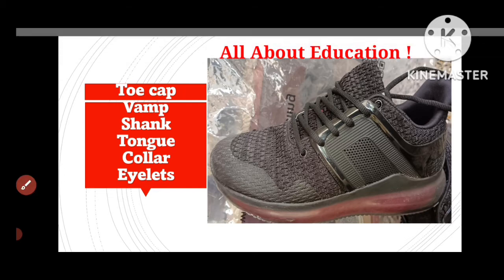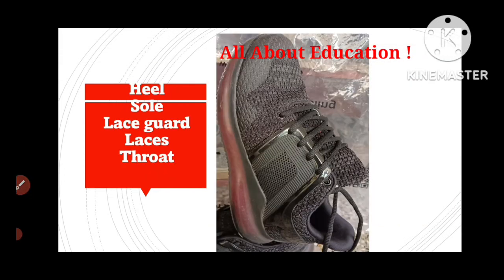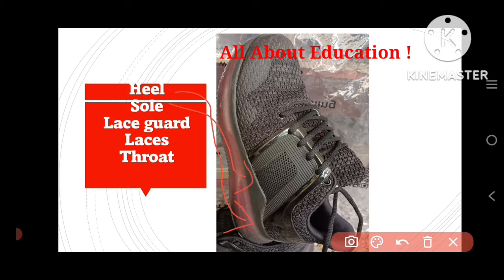Now let us move on to some other parts. If we talk about heels, these are heels. Very few inches of heel are there in these shoes. Next one is sole. In the sole you can find 3 layers.